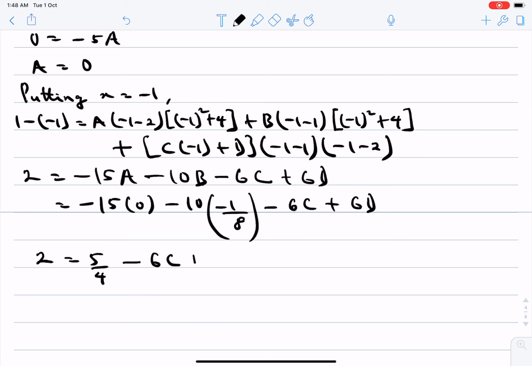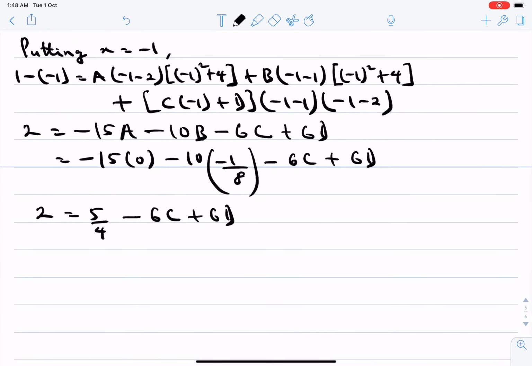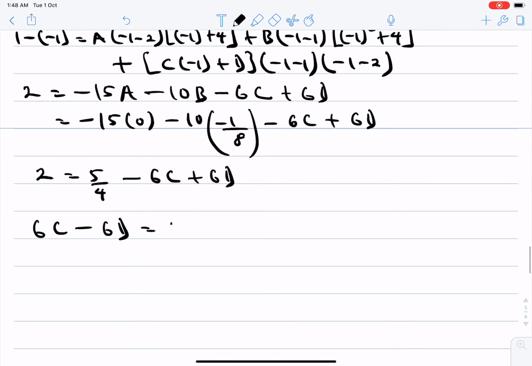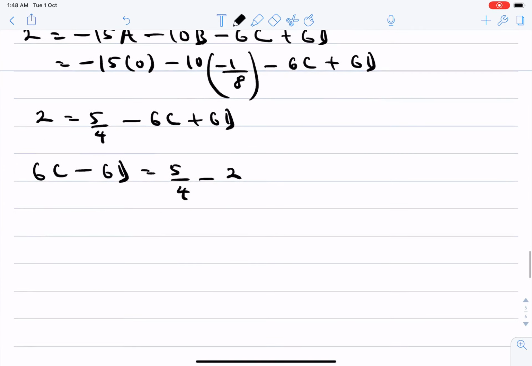Minus 6c plus 6d simply means 6c minus 6d is equal to 5 over 4 minus 2. And that's the same as minus 3 over 4.